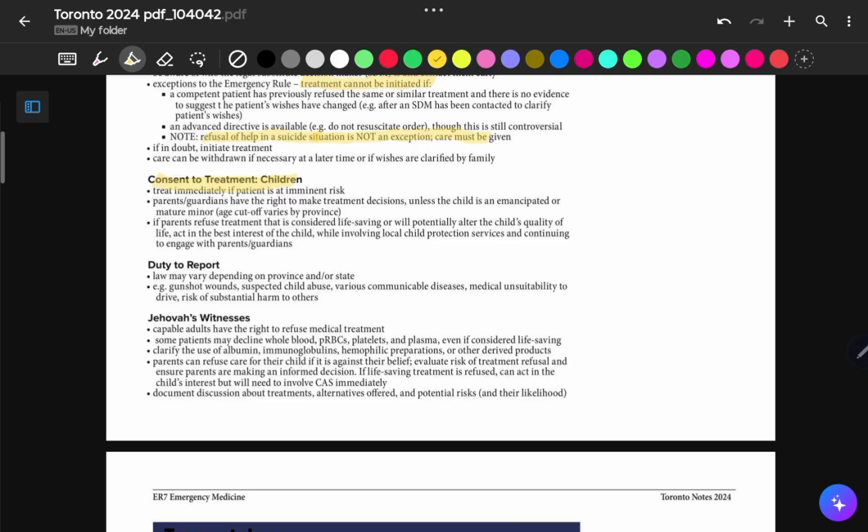If the parent refuses treatment that is considered life-saving or will potentially alter the child's quality of life, you need to act in the best interest of the child, while involving the local child protection service and continuing to engage with the parents and guardians.